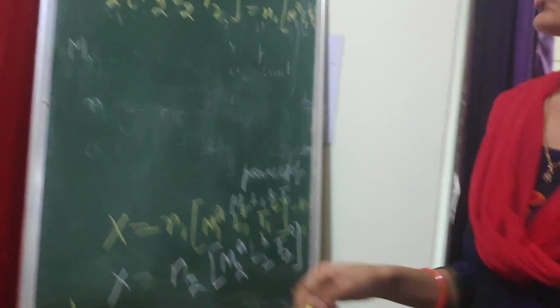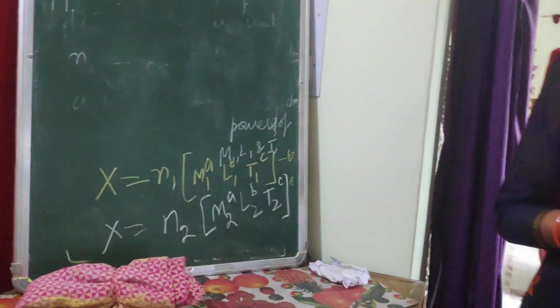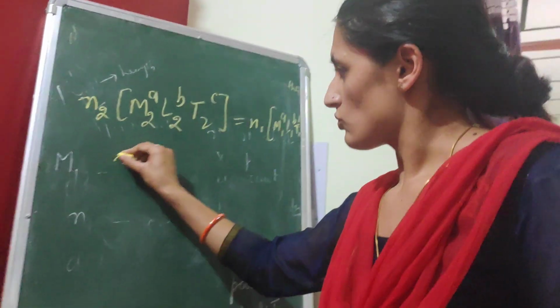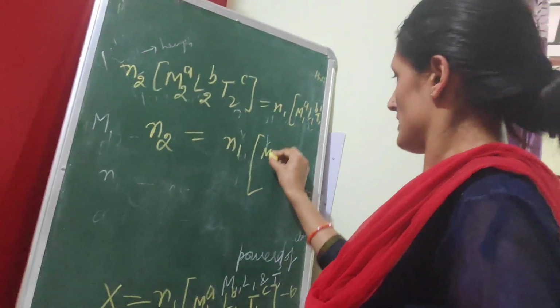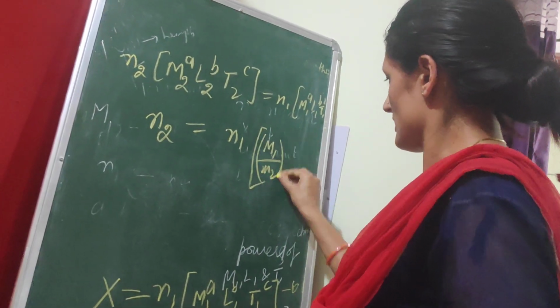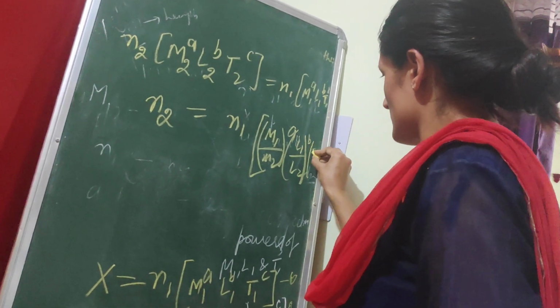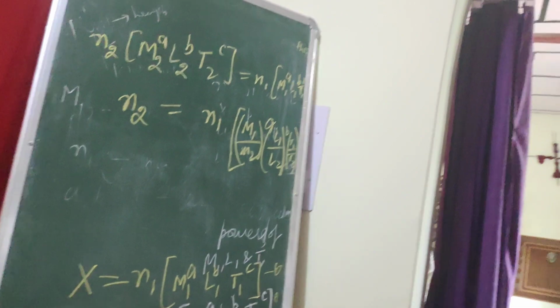So what is the question? The question is how you are going to convert one system into another system. So what will be the value of N2? N2 equals N1 (M1/M2)^A (L1/L2)^B (T1/T2)^C. So this is your relation for conversion of one system of unit into another system.